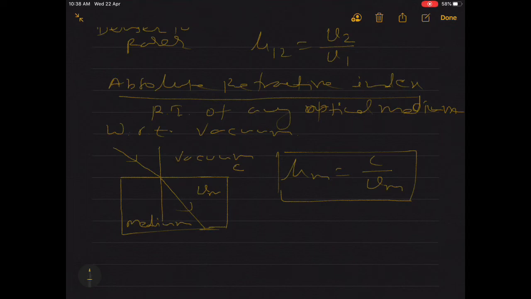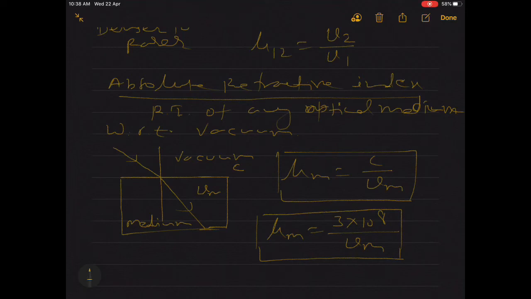So that is given by mu m is equal to c upon vm, and c is always 3 into 10 power 8. So this formula will become, in this form also, mu m is equal to 3 into 10 power 8 upon vm.